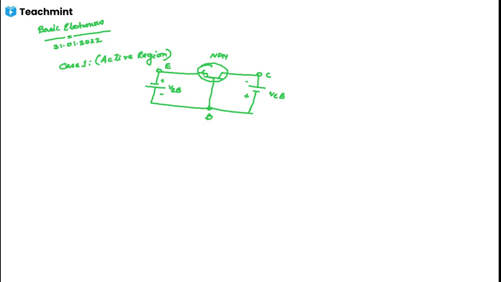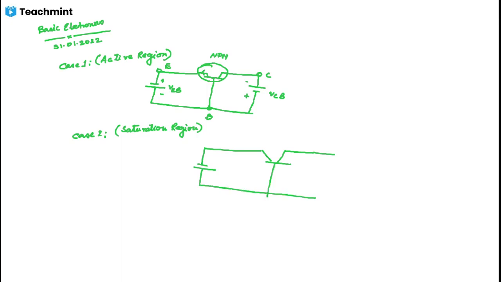Now, case 2 is our saturation region. So in this saturation region, if I draw the circuit diagram, here the emitter base junction is in forward bias and the collector base junction is also in forward bias.